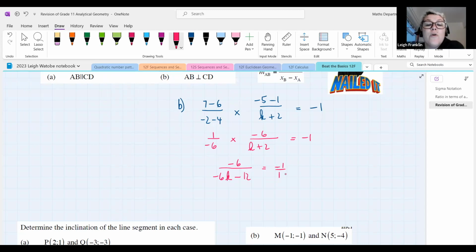So it's -1 over 1. Cross multiply. This would give us -6 is equal to 6K plus 12. Then we would take that plus 12 over to the other side. So this would be -18 is equal to 6K. Divide both sides by 6, and that's why K is equal to -3.